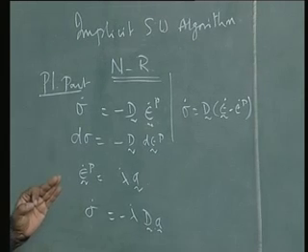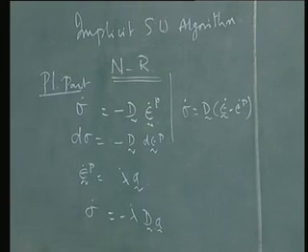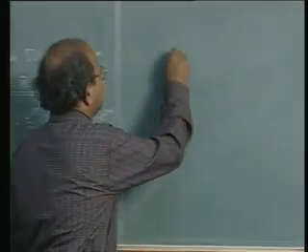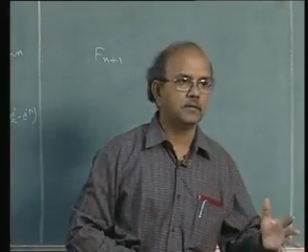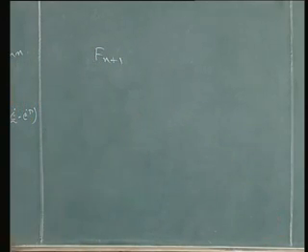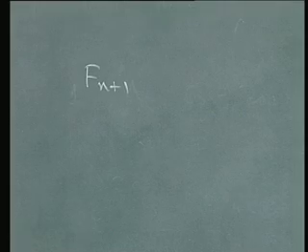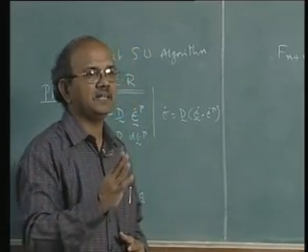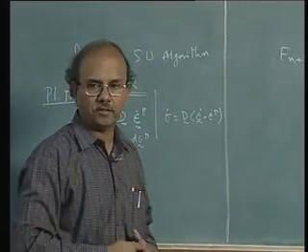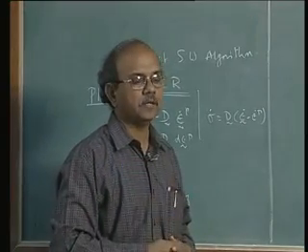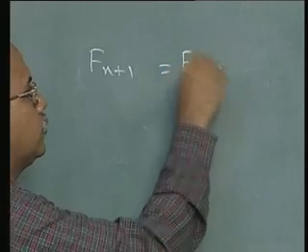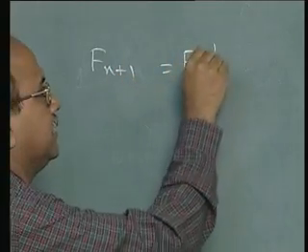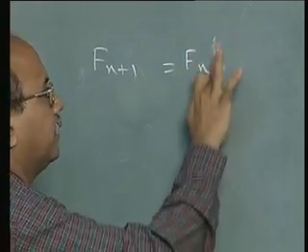But the next step is the typical Newton-Raphson scheme. What we do is we expand f n plus 1. What's f n plus 1? It is the yield function or the yield surface. Okay, we expand that about the current elastic predictor point, and write that down as, say, f n plus 1 at, say, j, or if you want, you can write that as f n.